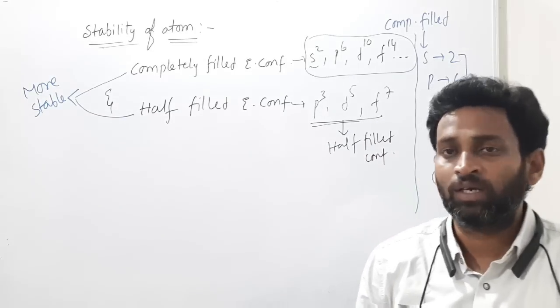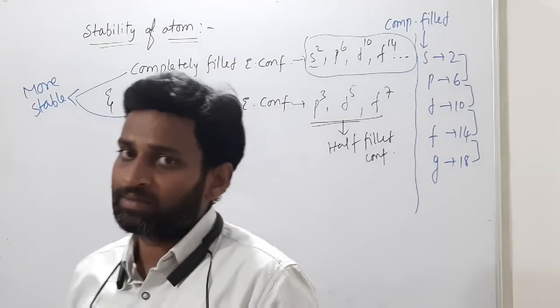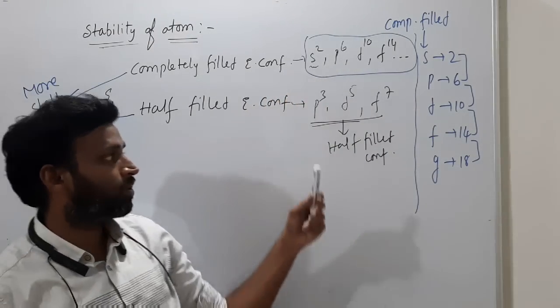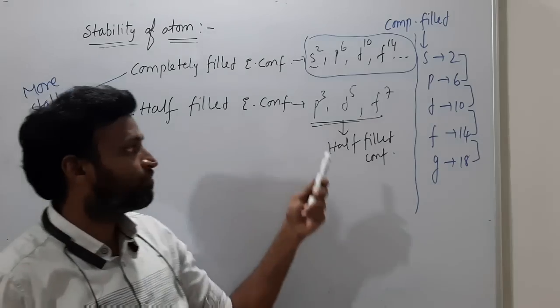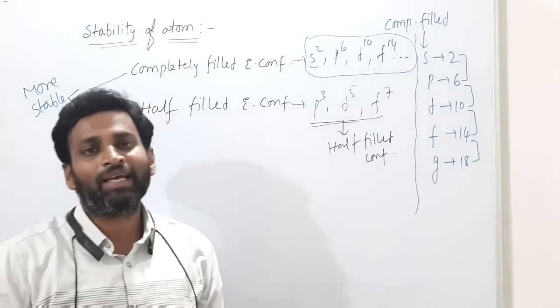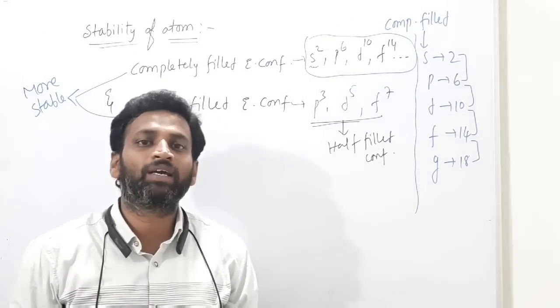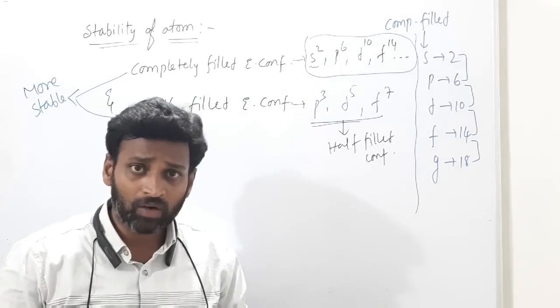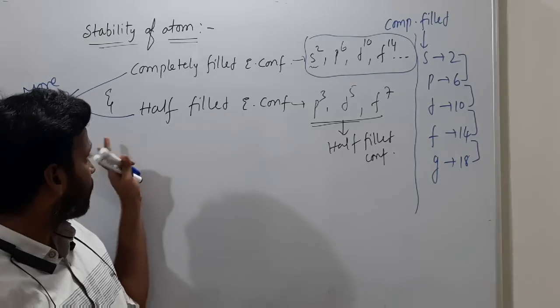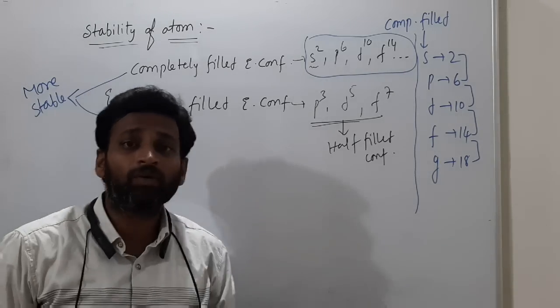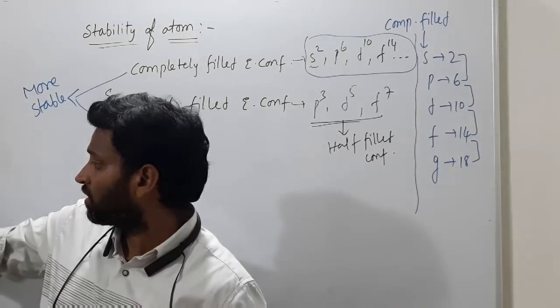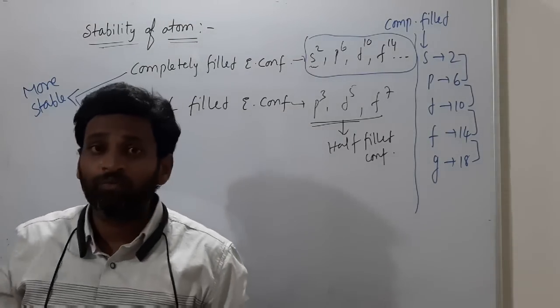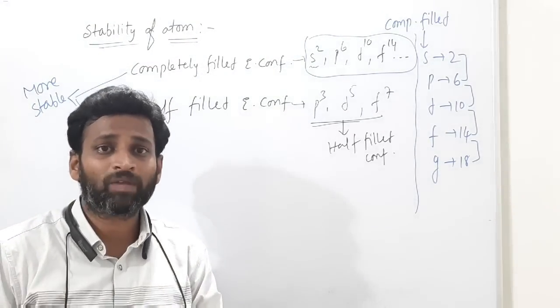By writing the electronic configuration itself we can understand. So please revise all these things. You will have electronic configurations in our next class. Please remember all these things. These are very important.